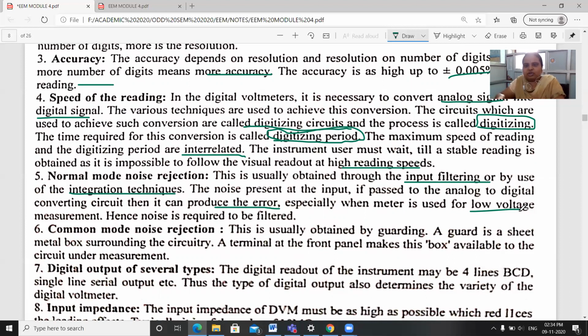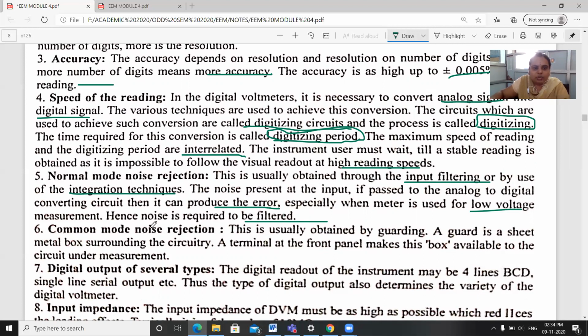Within 5 volts it has to spread out for all the devices you are connecting. If you are going to measure such small precise values of voltage, you should be more careful. Hence noise is required to be filtered. That's your normal mode noise rejection.